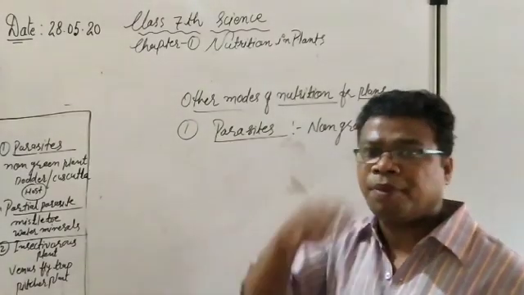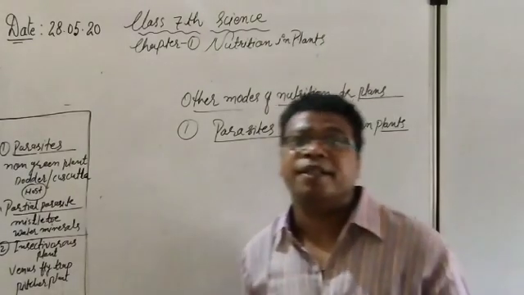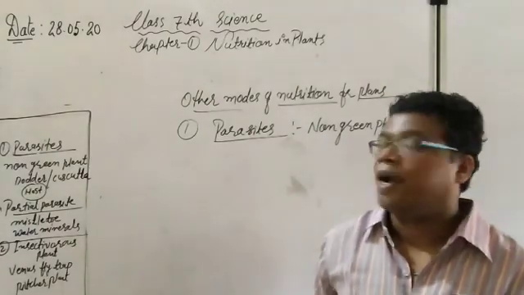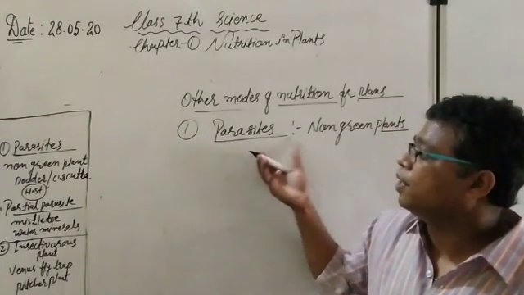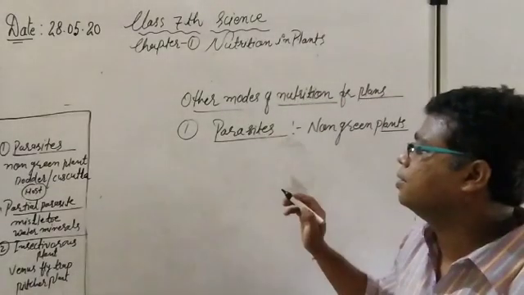They wrap their body parts in the branches of some other plants, and they get their food from that particular plant. And this mode of nutrition is known as parasite.